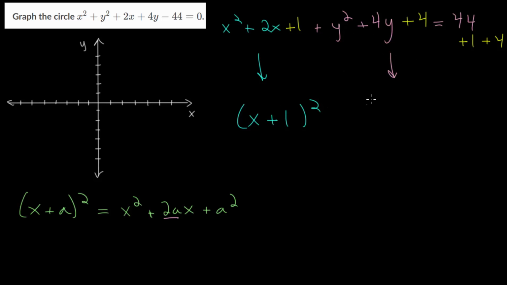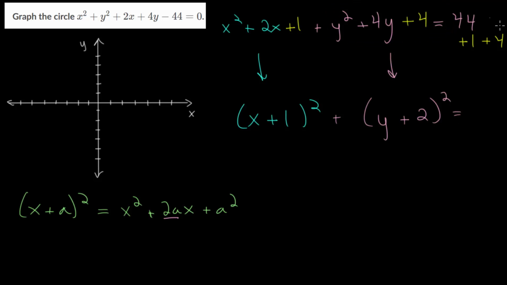So this will become y plus a squared, and a in this case is, again, half the coefficient on the first power term, so half of 4, it is positive 2. And if you want to check this, just multiply y plus 2 times y plus 2. If you multiply that out, you will get back this quadratic expression.